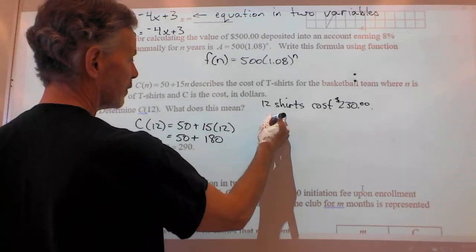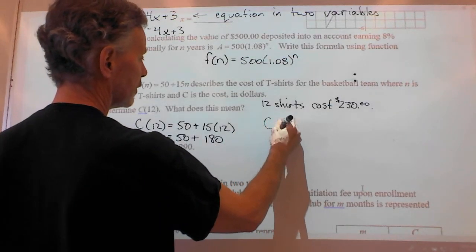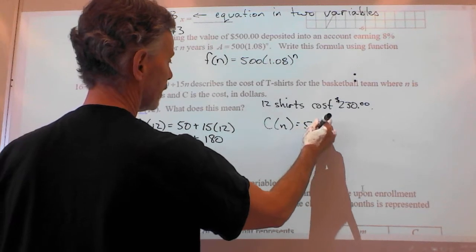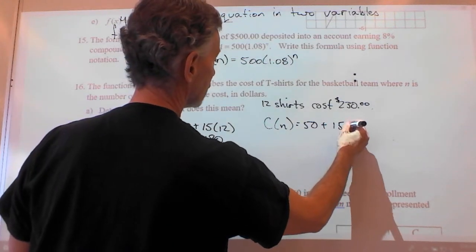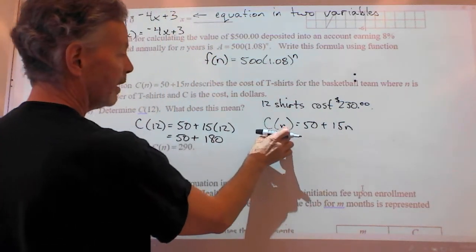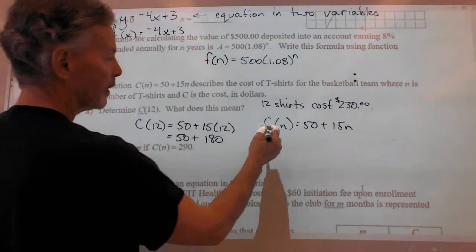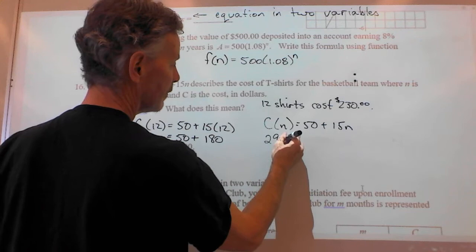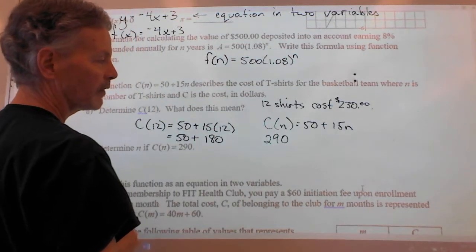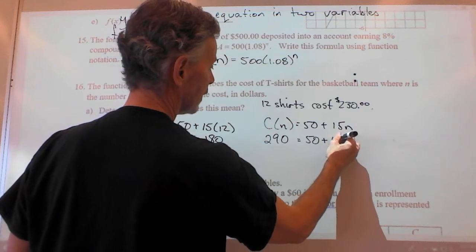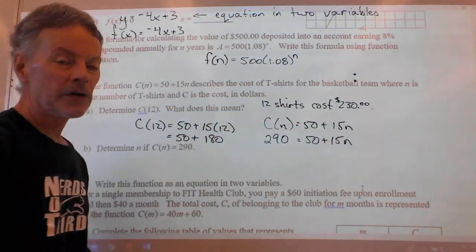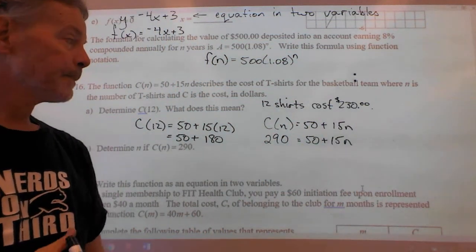In other words, if our formula is c at n equals 50 plus 15n, if they're telling you that c at n is 290, that means this variable, total cost, on the left side is 290. 290 equals 50 plus 15n, and then we just isolate the variable, okay?